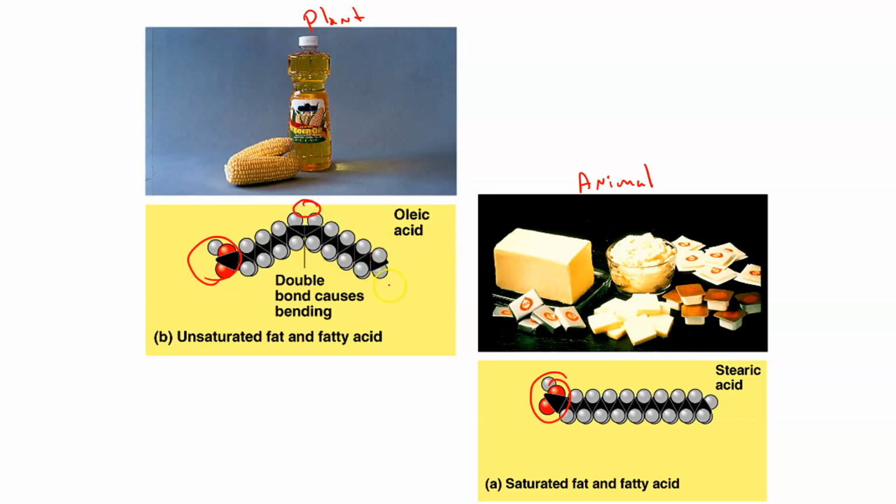Because of that, this unsaturated fat typically is going to have fewer issues than if you're eating a diet very high in animal fats and things of that nature. Because this one right here is so big, it's just going to get stuck a lot easier than this one over here.